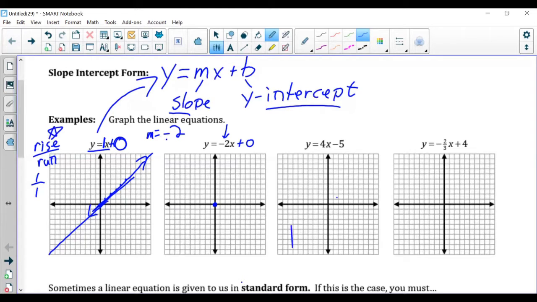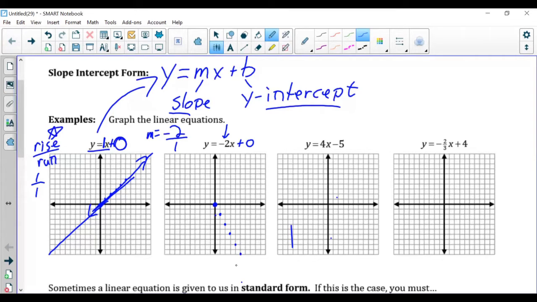I put it over a 1. What this says is negative 2 over 1. That means I need to go down. My rise is negative 2. I need to go down 2 and right 1. So from the origin, I'm going to go down 2 and right 1, down 2 and right 1, and so on.